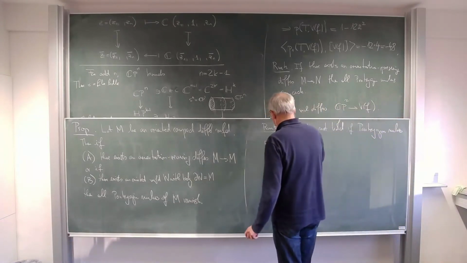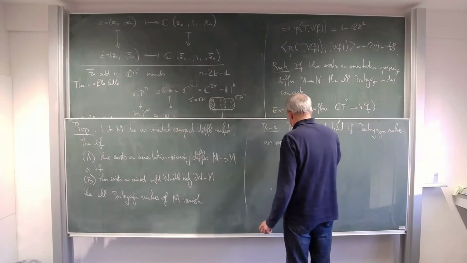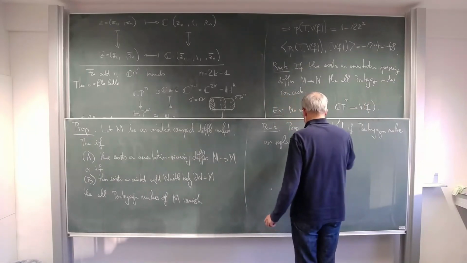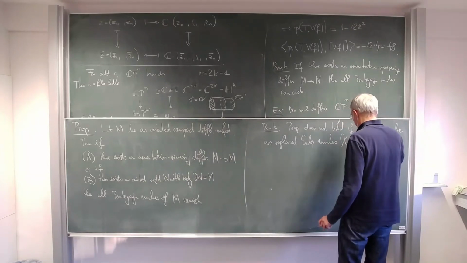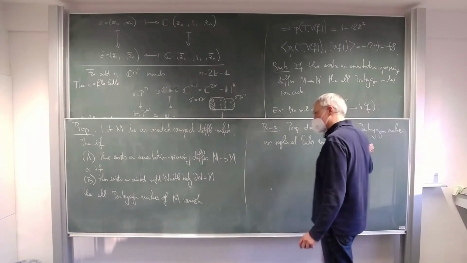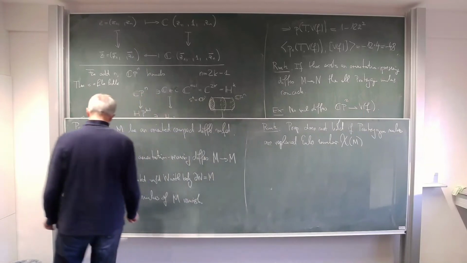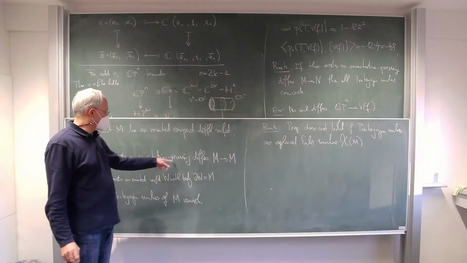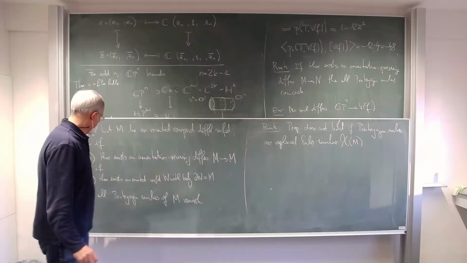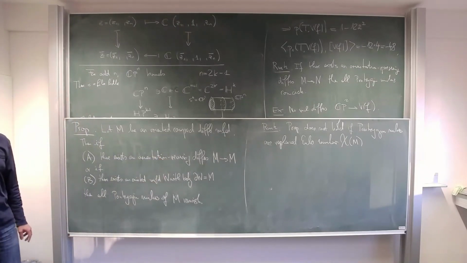Namely, what would it say? If it was true, it would say, well, if there's an orientation reversing diffeomorphism, then the Euler number must vanish. But that's not true.